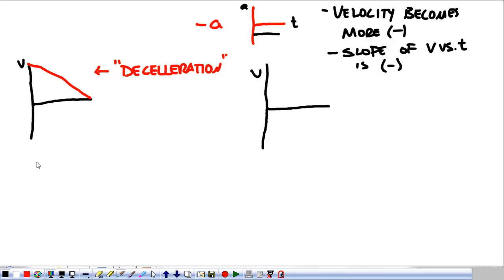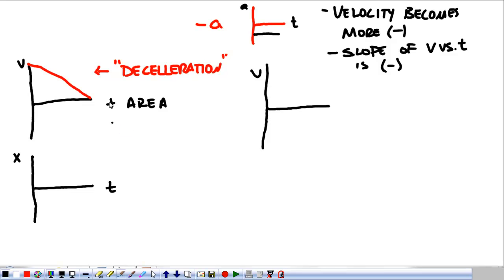So for position versus time, let's look at it. In this deceleration, I still have a positive area. So I'm still moving forward.